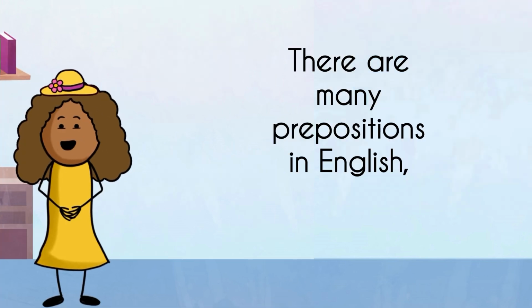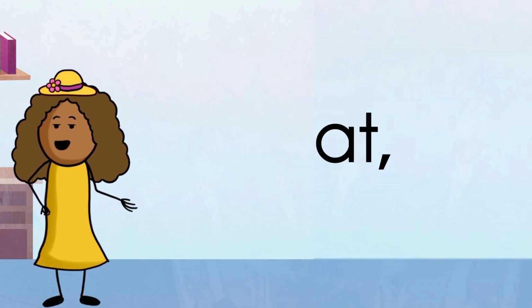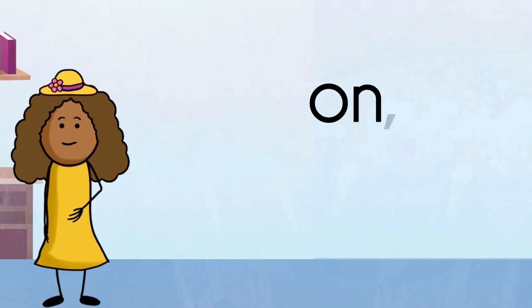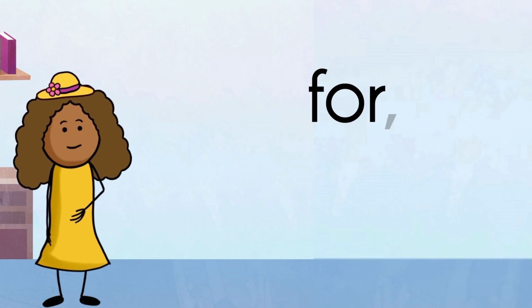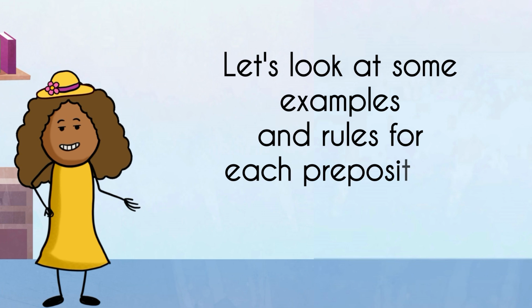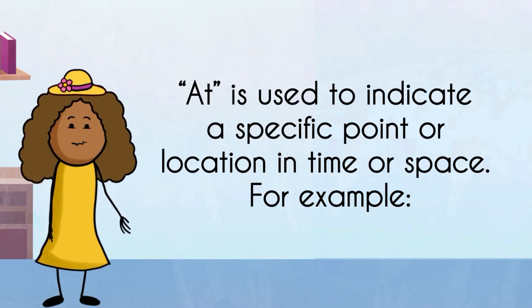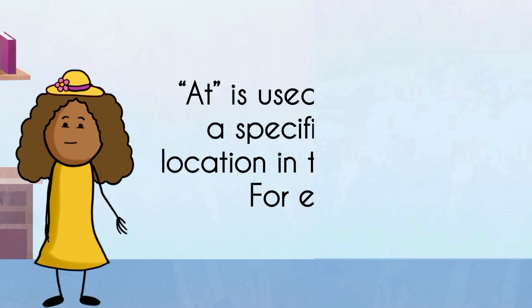There are many prepositions in English, but we will focus on the most common ones: at, in, on, by, for, from, to, with. Let's look at some examples and rules for each preposition. At is used to indicate a specific point or location in time or space.